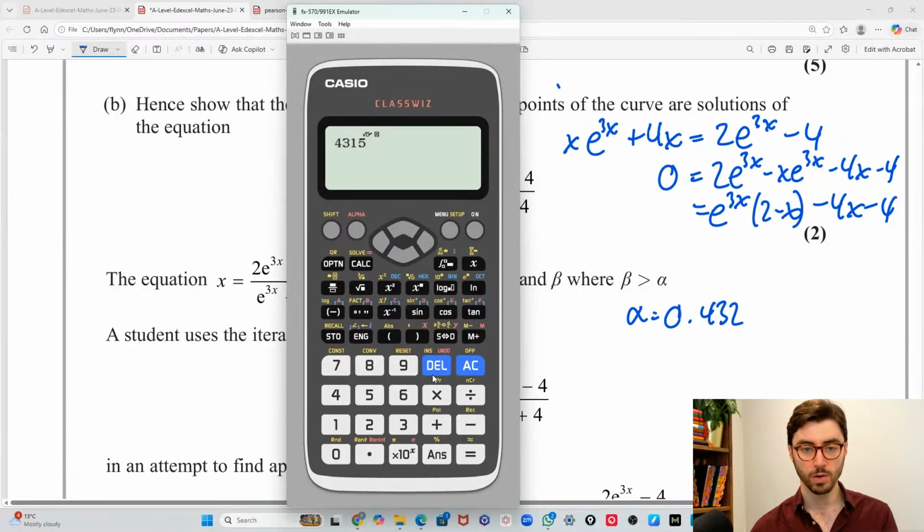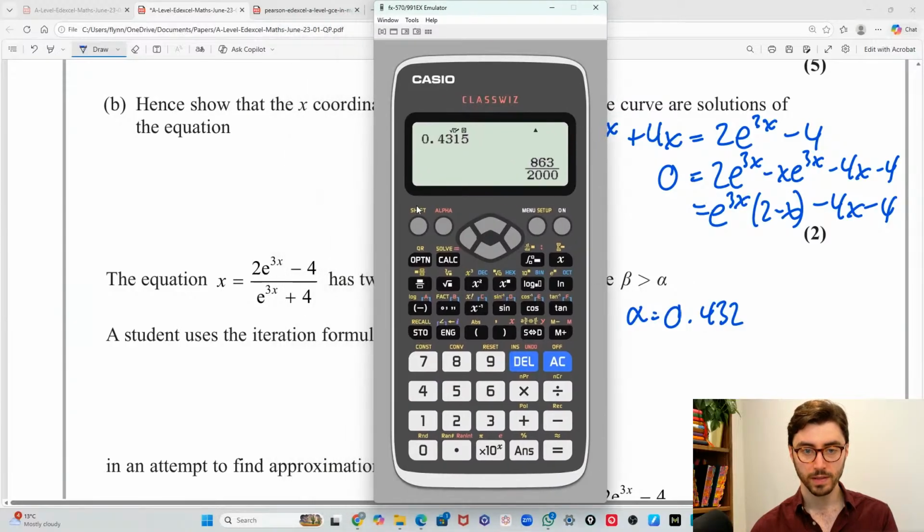0.4315, which is the lower bound. You could even remember to put it in decimal. Could you imagine remembering that? So you can put that in first. Let's see if we get our sign change. So 2e to the Ans minus 4 all over e to the Ans plus 4 gives you 0.4315.